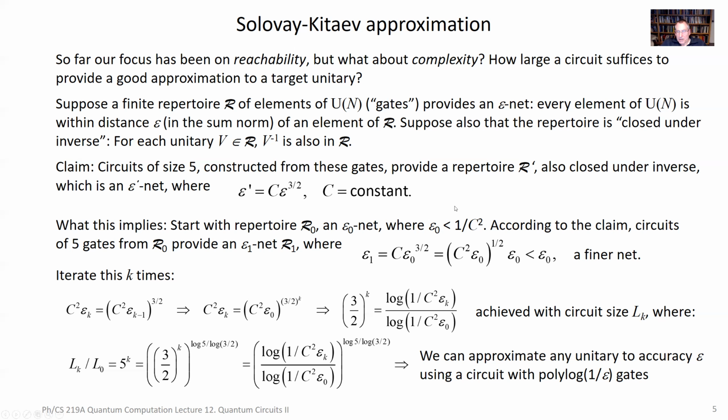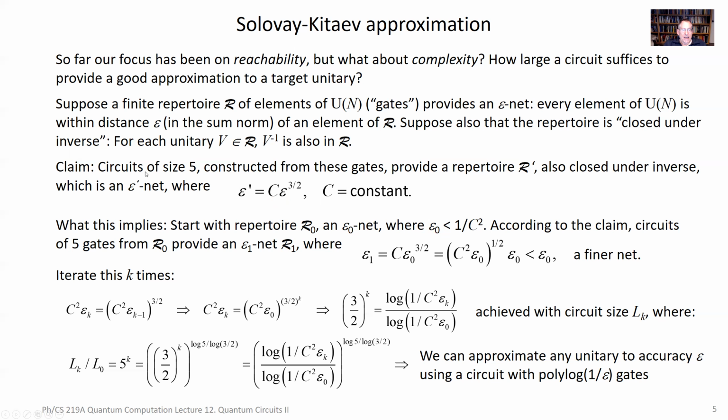I do, however, have to assume that the original epsilon is small enough, and how small is small enough depends on the value of this constant. So we're going to start our recursive procedure with an epsilon 0 net, and I'm going to ask epsilon 0 to be less than 1 over c squared.